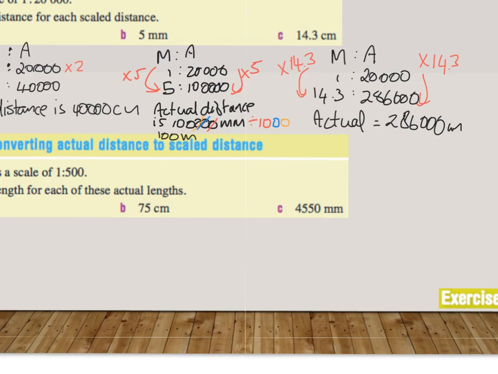If I divide by 100, it means I'm going to get rid of those two zeros. That's still 2,860 meters. Divide by 1,000 to take it to kilometers. So my answer will be 2.86 kilometers. If you need to do the revision on going from centimeters to meters to kilometers, please refer to your previous textbook.